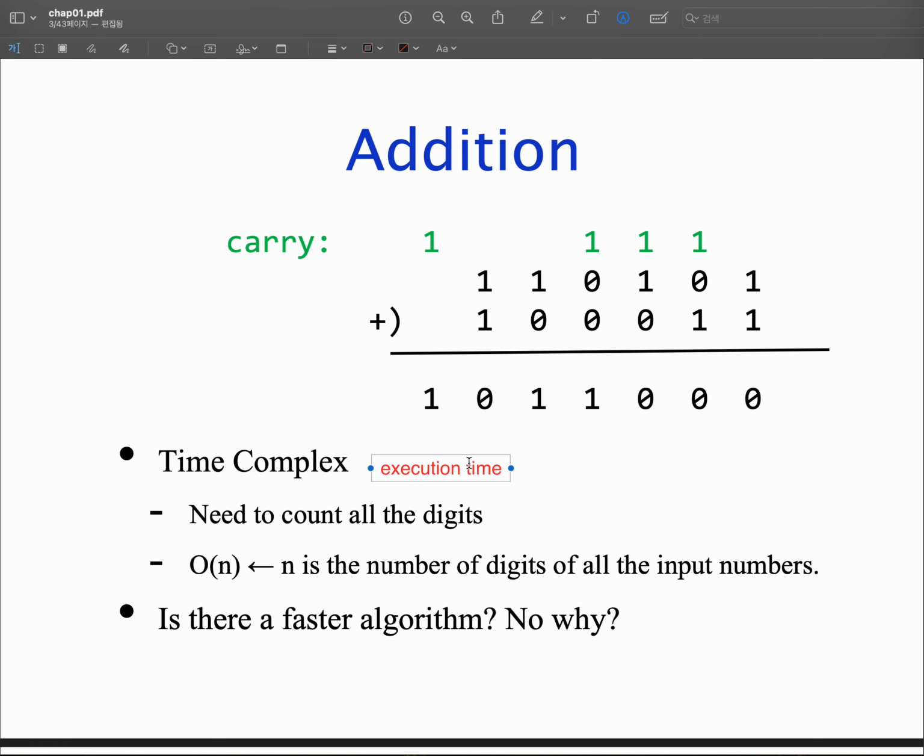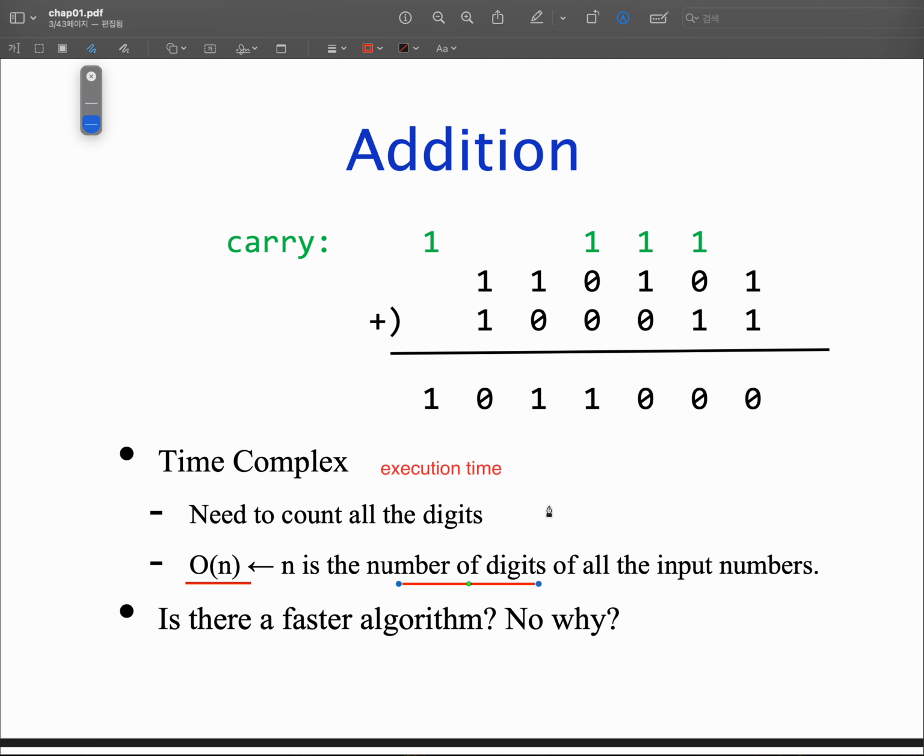Anyway, the time complexity is big O of n, where n is the number of digits. The number of digits means the count of the total 0 or 1 digits for all input numbers.